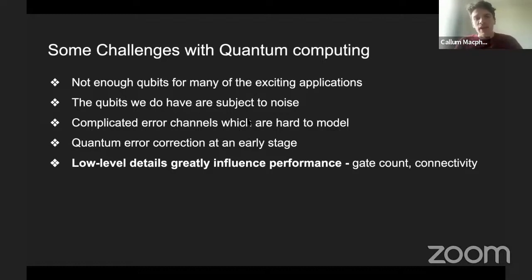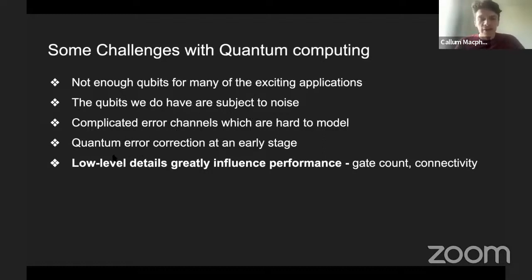And the qubits we do have are typically subject to complex noise that's difficult to understand. At the moment, we don't have a scalable approach to doing error correction. So we have to deal with the errors that are inherent in our quantum system due to decoherence and other noise effects.